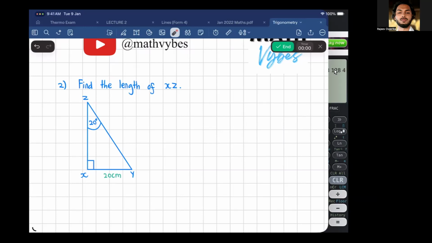Nah, Priscilla, that's wrong. Priscilla, if you look at your diagram, what is O? 20. Right, O is 20.